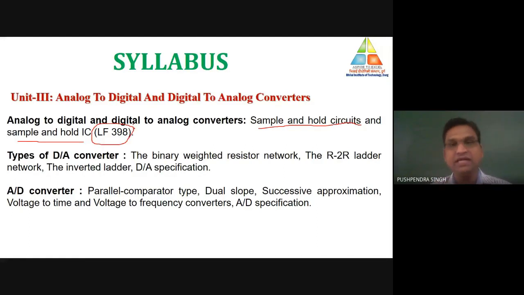So this particular IC is basically used for sample and hold circuits. It's an 8-pin IC. We will discuss here the pin configuration and symbol of this LF398. So LF398 is basically a sample and hold IC.